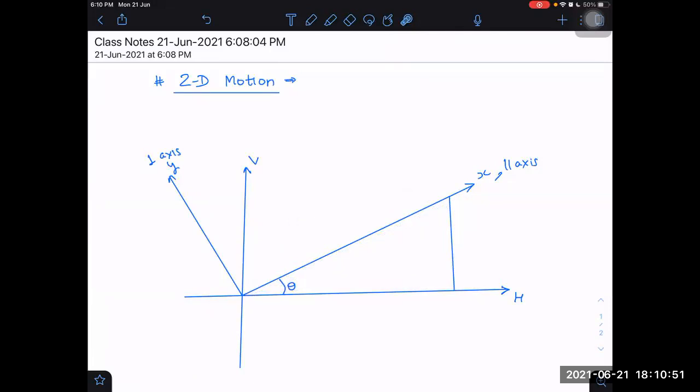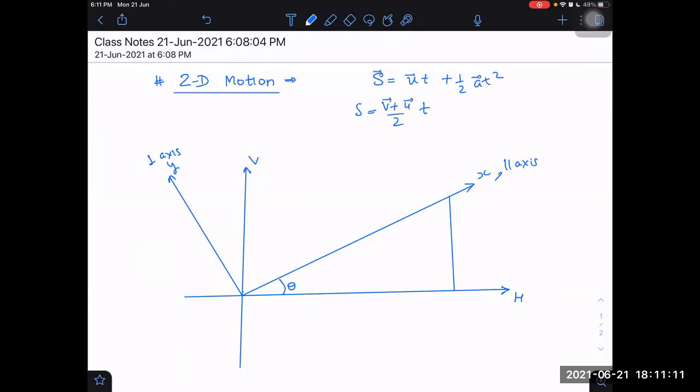And what we want now, we want to discuss first: equations of motion will be the same. No new equation of motion here. We already know those, ut plus half at square will be applicable. What other equations? (v plus u)/2 into t will be the displacement, applicable. These are vectors.